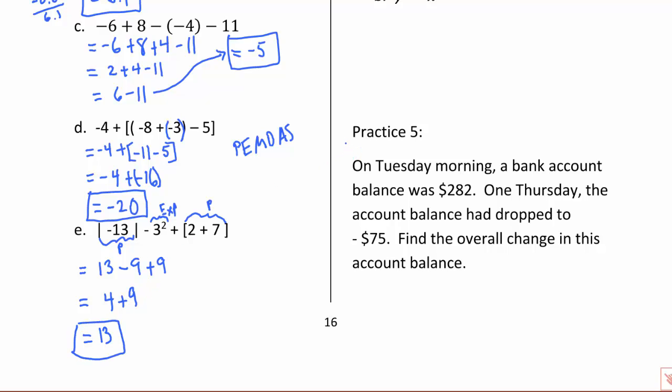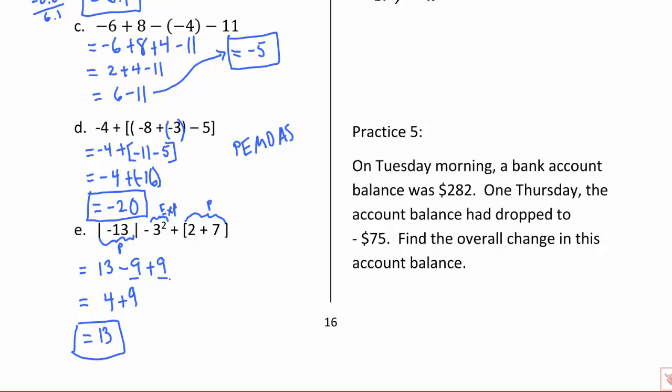Now, here's the thing. Unlike with multiplication and division, with addition and subtraction, if you're very careful, if all you have is literally just addition or subtraction in a problem, it doesn't matter the order in which you do them. So here, 13 minus 9 plus 9, I could have just done the negative 9 plus 9 giving me 0.